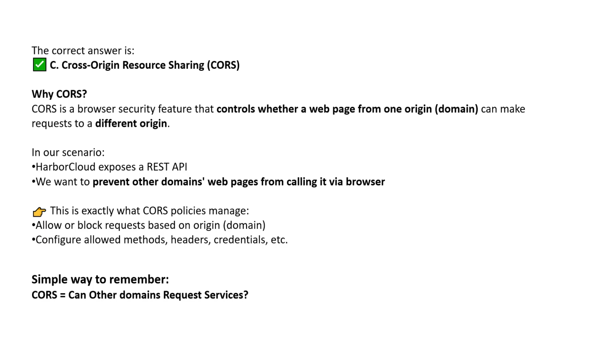This is exactly what a CORS policy manages. It allows or blocks the request based on the origin, that is the domain, and configures allowed methods, headers, and credentials, etc. What is a simple way to remember CORS? Its full form is cross-origin resource sharing. We can also say, can other domain request services? So this is a simple way to remember CORS.